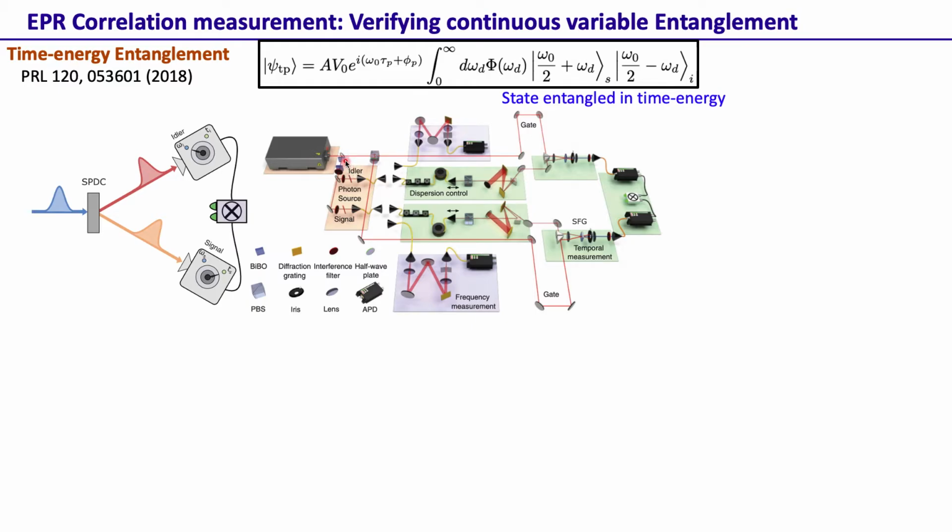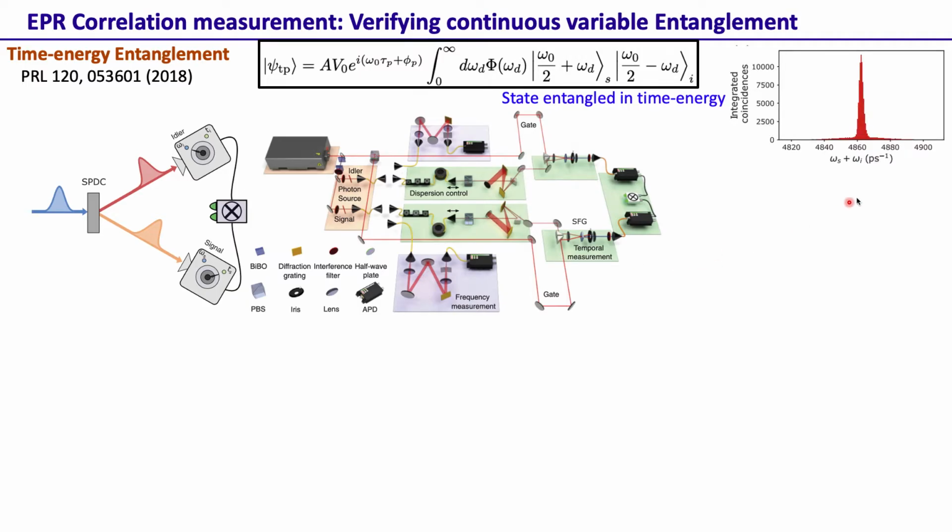Then we have this, which is not the BBO, this is BIBO, another crystal used for producing entangled photons. That BIBO crystal gives us the two entangled photons, one goes this way, the other goes this way, and there is an entire detection setup for signal and another detection system for idler, and then the two photons are detected in coincidence.